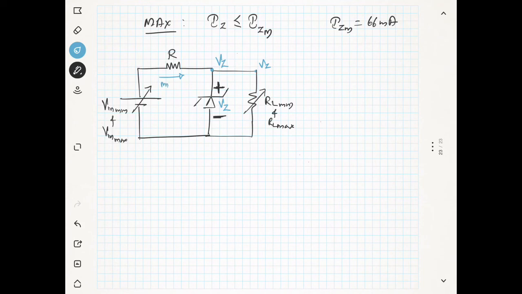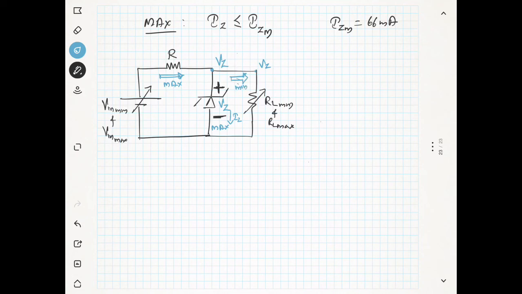Now let us assume the current which is coming from this. Suppose this current is maximum. We are talking about the maximum current. Now we have the current through the Zener diode as Iz, and we want to limit this maximum current. If maximum current is coming from the source and maximum is going through the Zener diode, that means the current which is going into the load should be minimum, right?